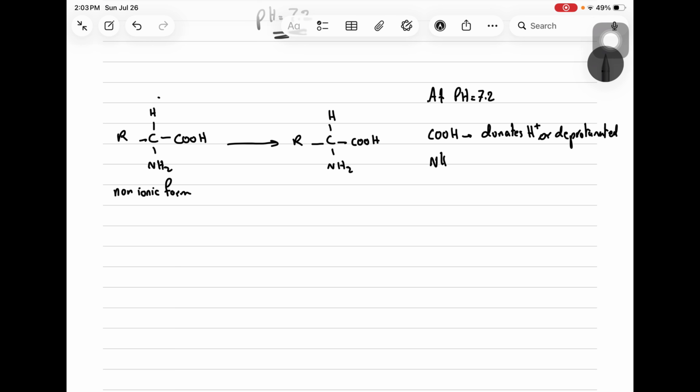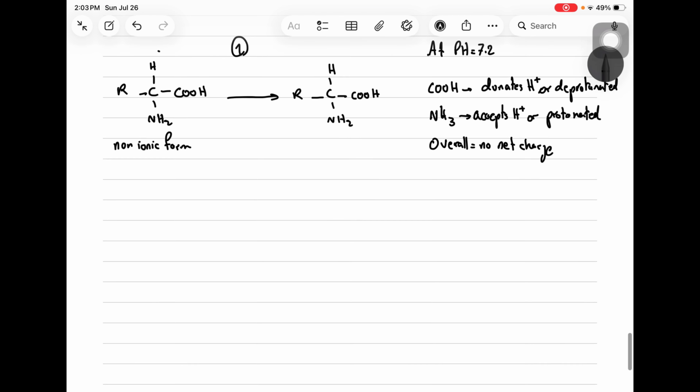Amine group accepts proton or protonated. Overall, no net charge. So this is the first condition that we have.